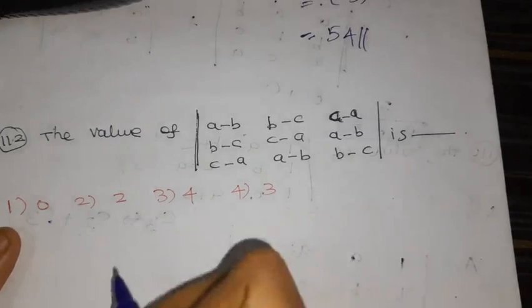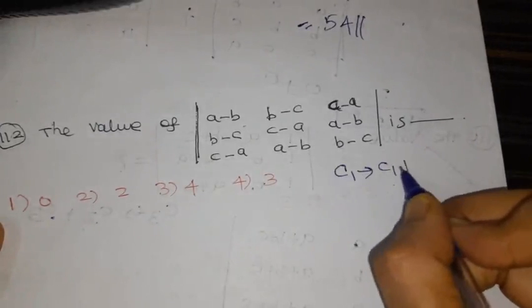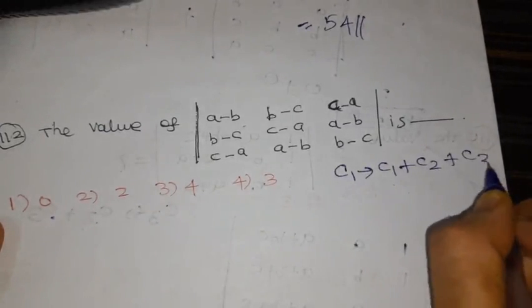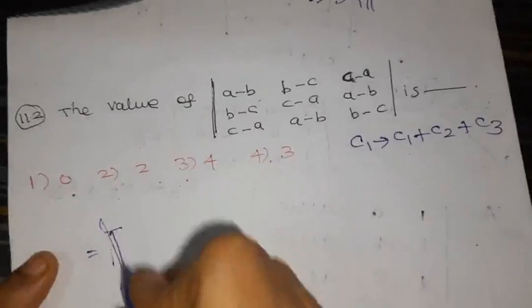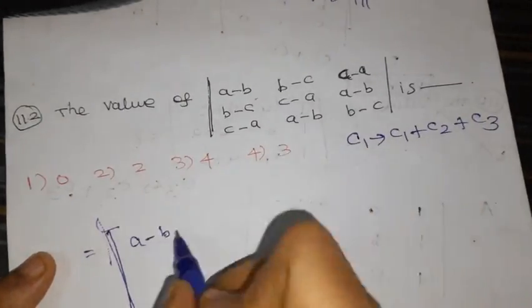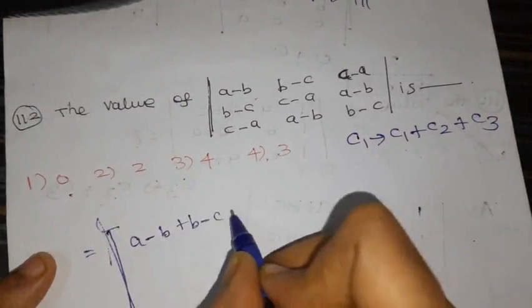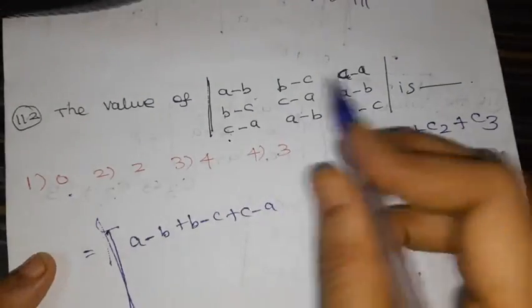In column 1, C1 plus C2 plus C3. We will get what? So, the determinant: C1 is A minus B plus B minus C plus C minus A. In C1 we are going to add all these.